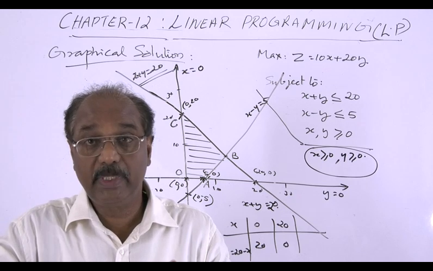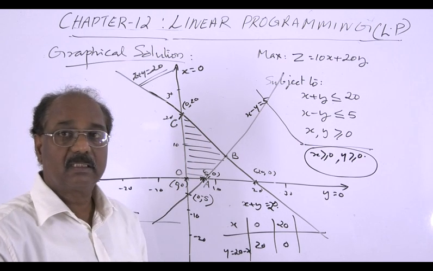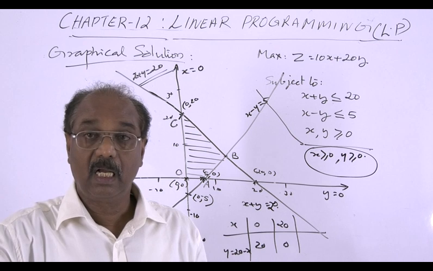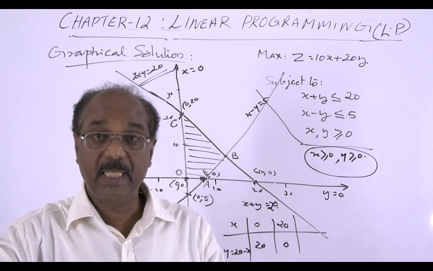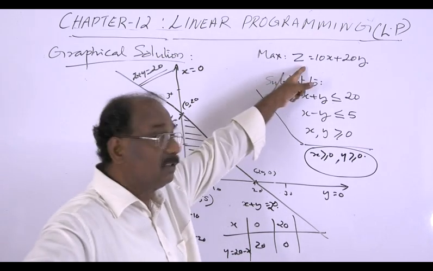Then what we do is, find all the 4 points, coordinates of the points x and y, and put those values in the objective function.